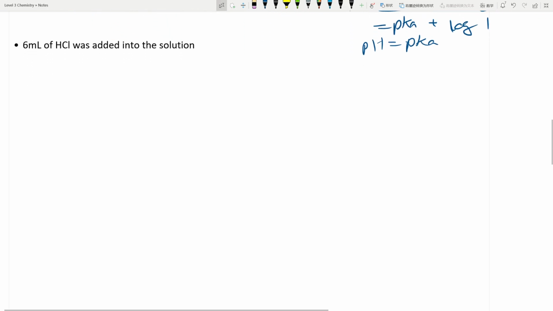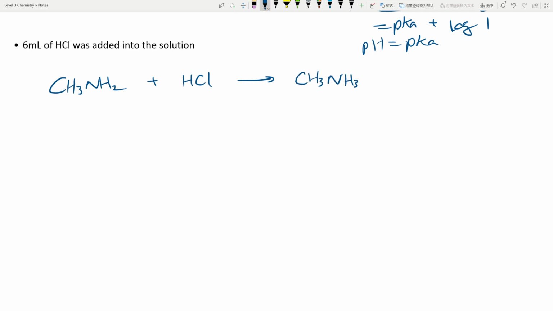Now, next part, 6 mL of HCl was added. If they don't give you the equation, I'm always a strong advocate that you can write these yourself, because it's not hard, just a neutralization reaction. Some of my Year 11s can do this comfortably. You guys should be able to do it as well.